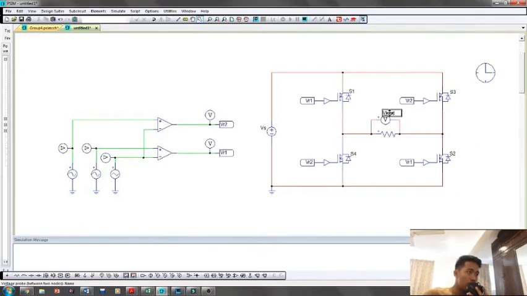In a pulse width modulated inverter, the input DC voltage is essentially constant in magnitude, and the AC output voltage has controlled magnitude and frequency. Therefore, the inverter must control the magnitude and the frequency of the output voltage.